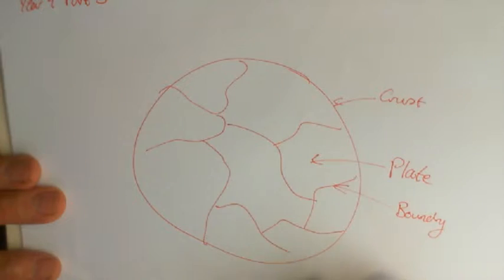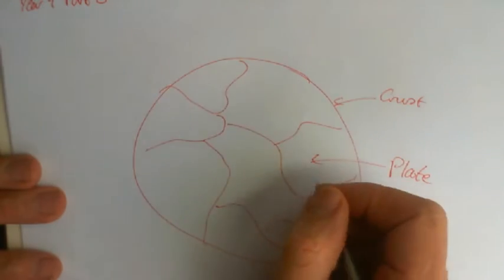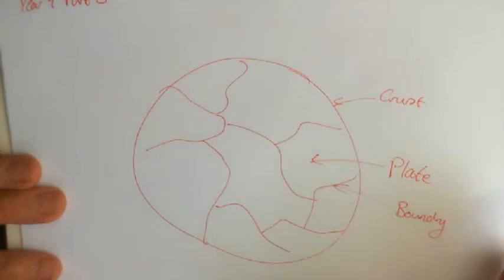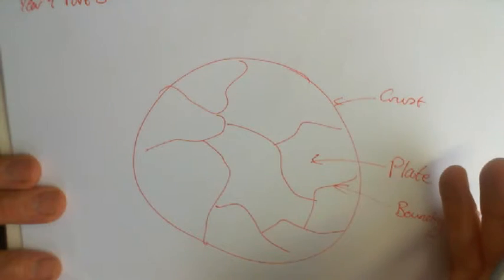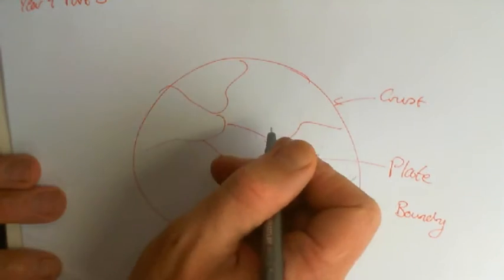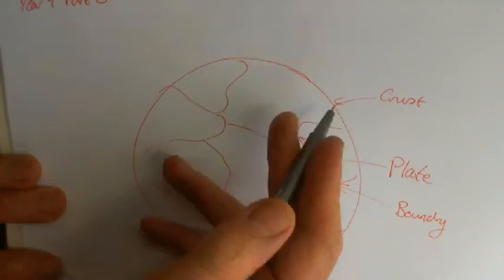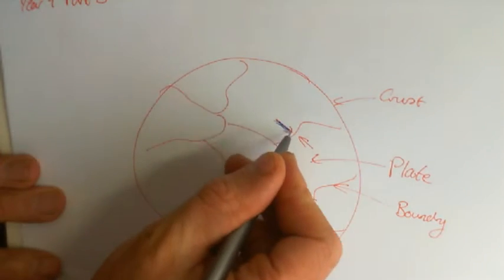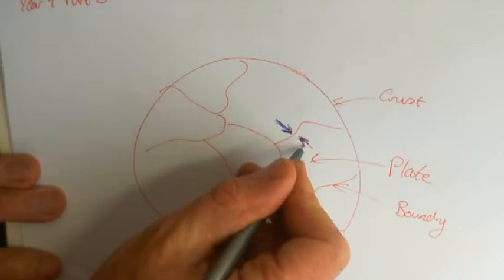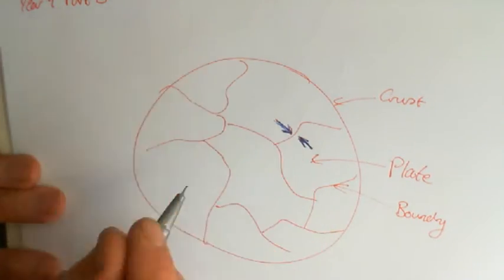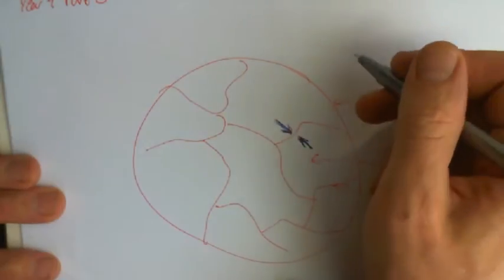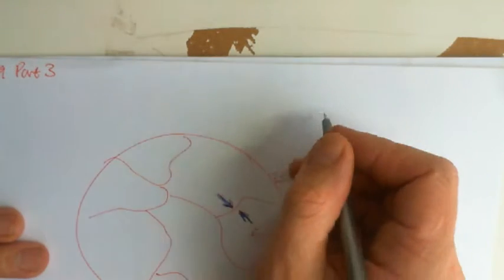And where two plates meet, that is known as a plate boundary. Then depending on what those plates are doing will determine what kind of boundary it is. So if you've got two that are going into each other like that, we call that one a destructive boundary, because land will be destroyed when they collide into each other. At a destructive boundary, you can have a few things happen.